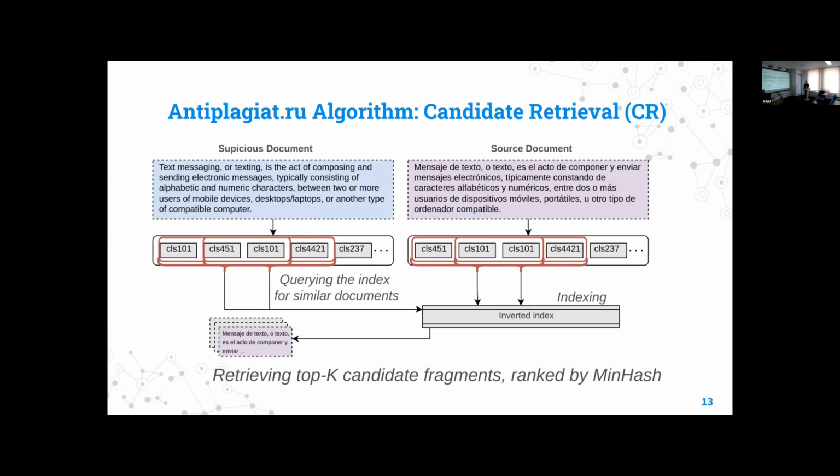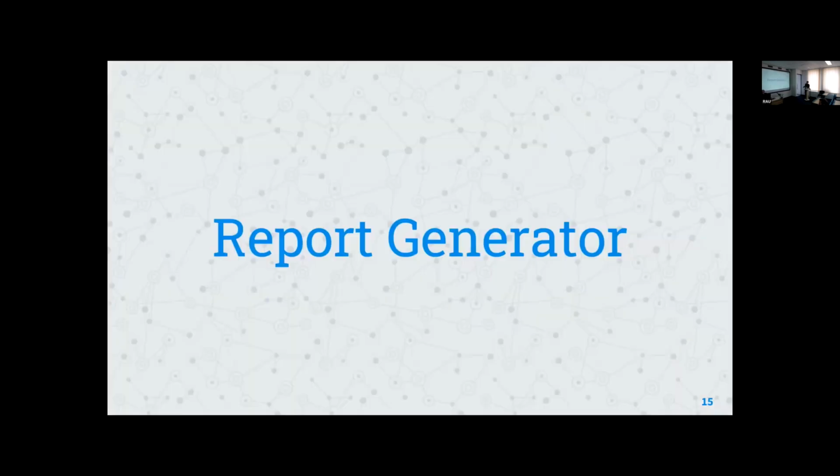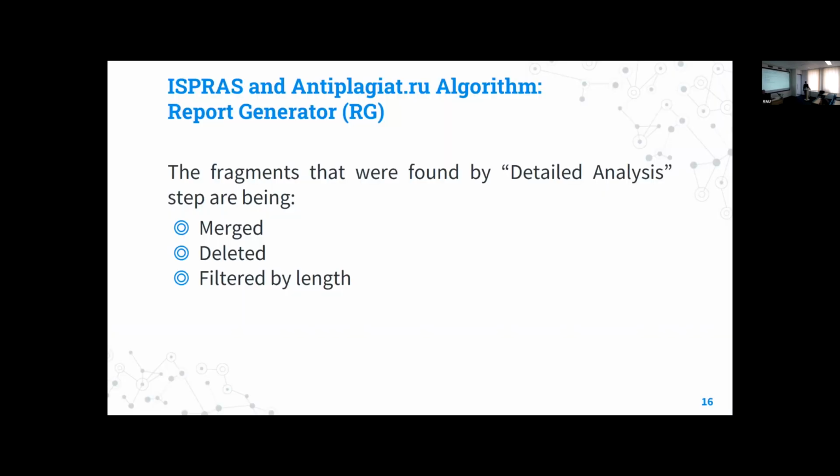Will it yield a very high score, a very high probability of being plagiarized, or not? Yes, it will, but if it is a lone sentence and not a fragment or paragraph, it will be deleted at the step of the report generator. So it will be filtered. But yes, if it is a very popular fragment, it will be found. Okay, thank you.